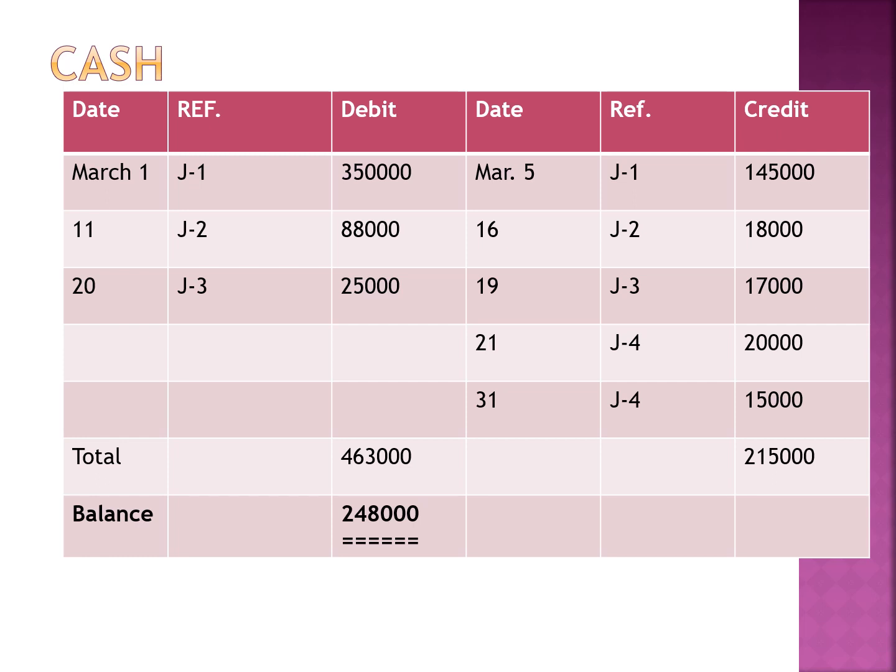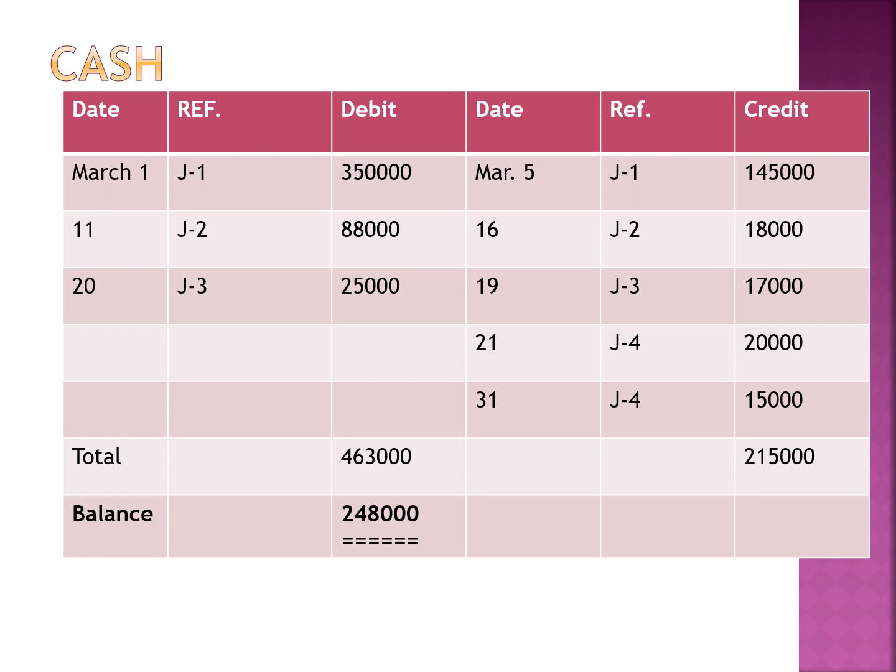Next is March 16, we credited 18,000. Because cash has been credited, we place it on the credit side. Then place the reference.